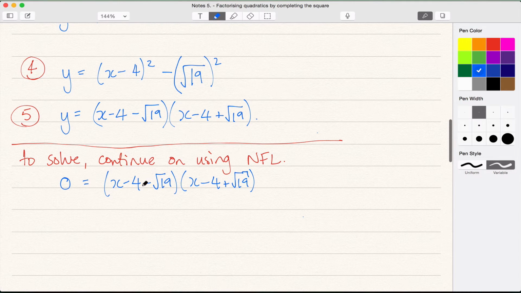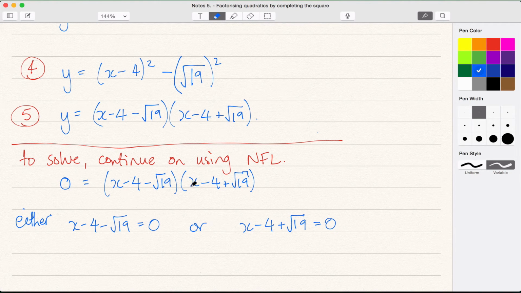And we would say, the null factor law says if we've got something minus something multiplied by something else equaling 0, either the first thing equals 0 or the second thing equals 0. So we need to write either x minus 4 minus root 19 equals 0, or x minus 4 plus root 19 equals 0.